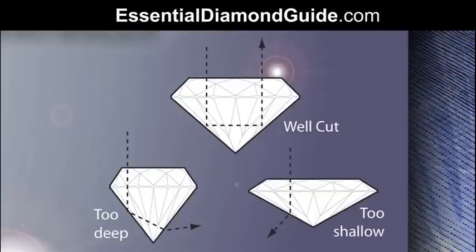Basically it's not going to refract back out the top, which means your diamond is not going to be as sparkly as it could be. And similarly, if the diamond is cut too shallow, the light goes through the diamond instead of refracting back out the top of the diamond. So basically you're looking for a well-proportioned stone.